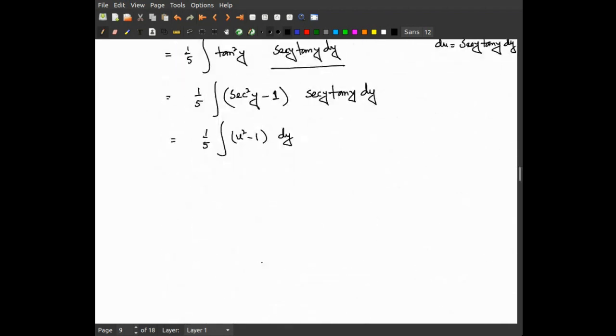Sorry, not dy, it's du. Now this is just a simple integration. So u square gives u cube over 3 minus u plus c.